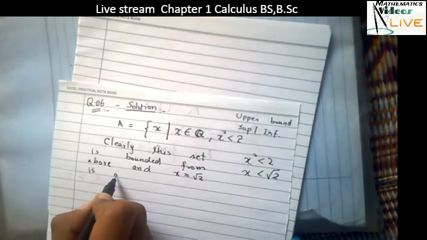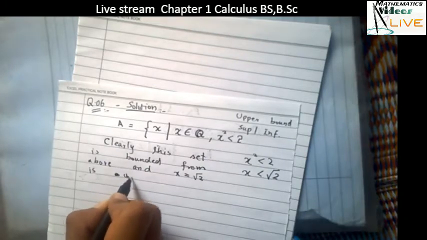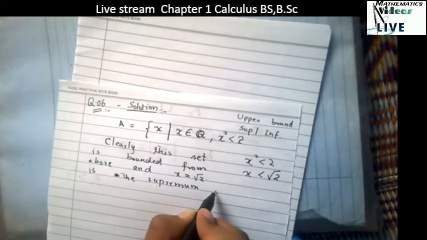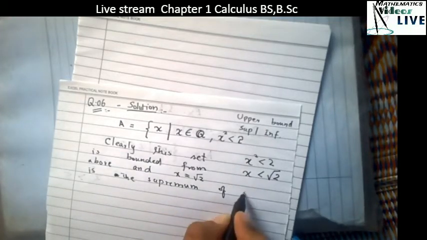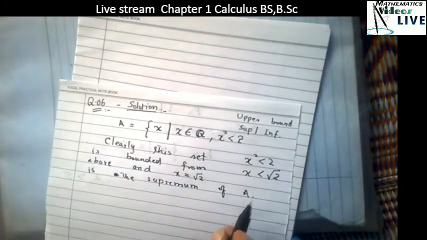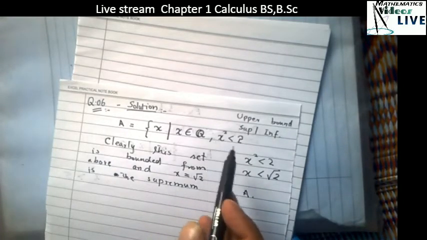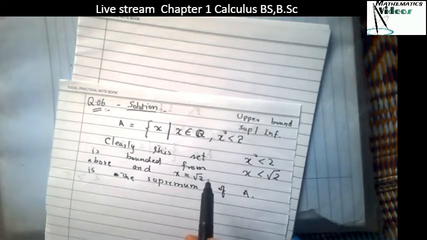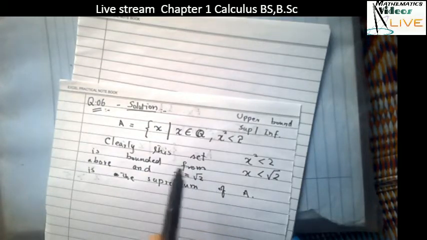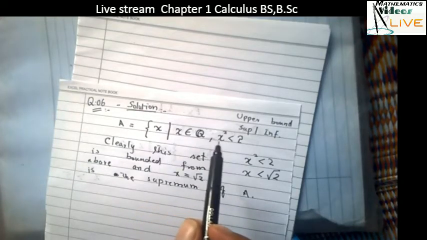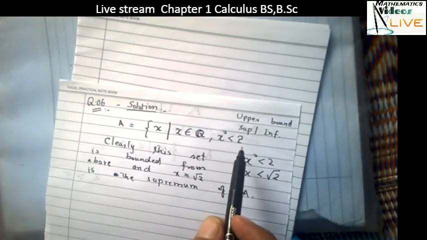Clearly, you will write, this set is bounded from above and x is equal to square root 2 is the supremum of A, the set.